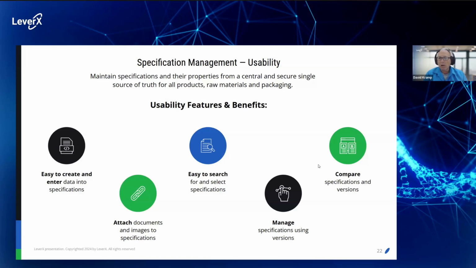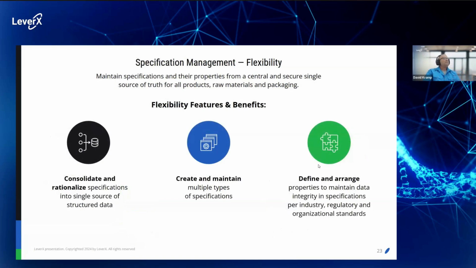It's going to be an ongoing rollout of functionality here, but SAP has the ability to compare many different specifications and their versions and tell you what is the delta, what are the differences between the one and others. Flexibility. Consolidate and rationalize specifications into a single source.